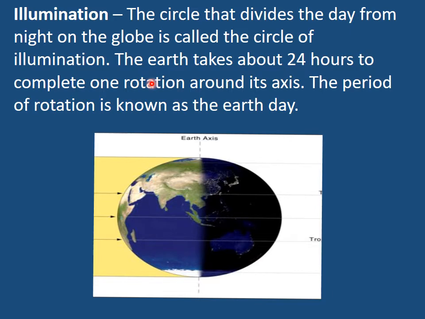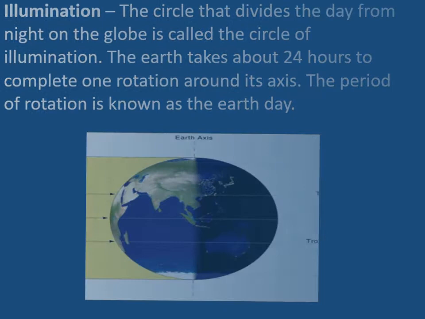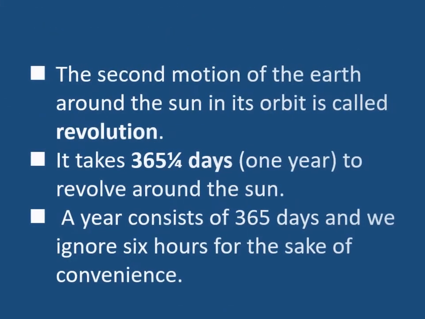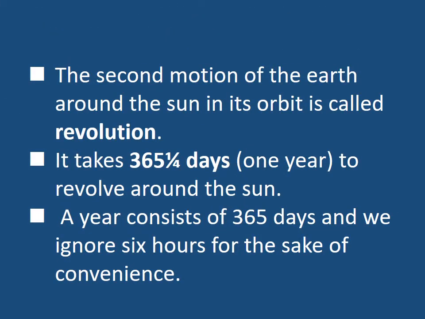Now, we'll see how much time Earth takes for completing one revolution. The second type of motion is revolution. For revolving one time around the sun, how much time will the Earth take?